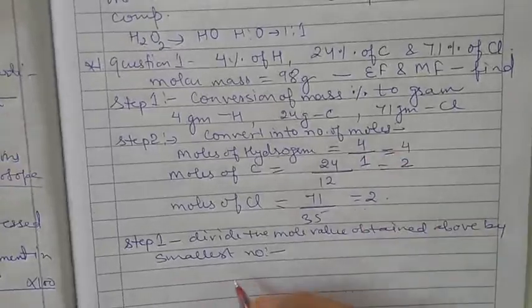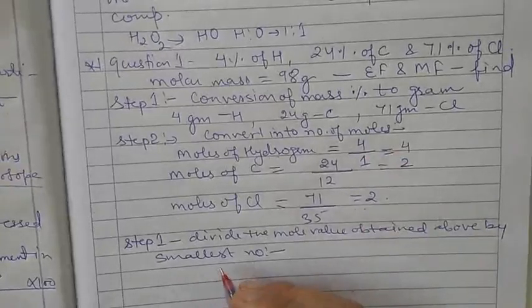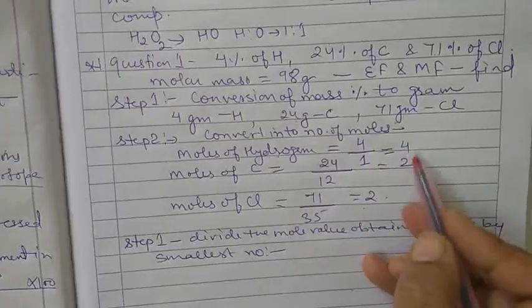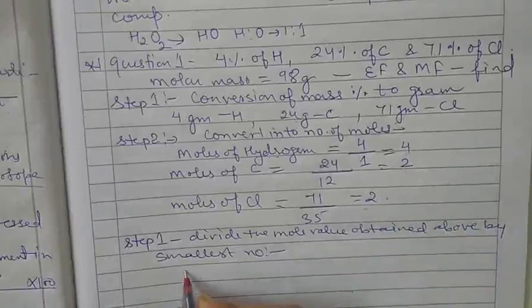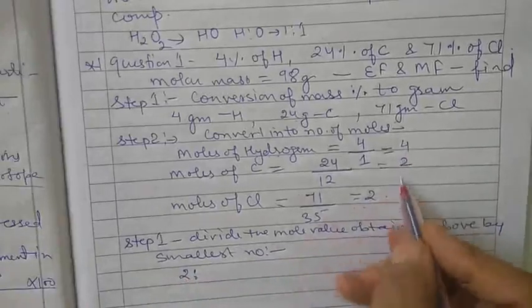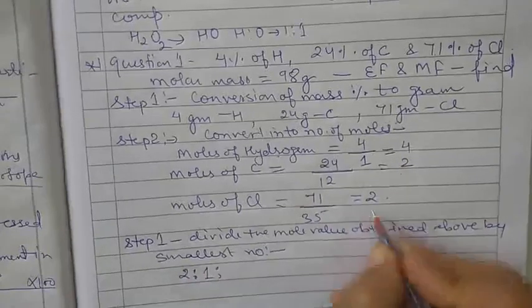Okay. So 2 is the smallest value. If you divide this one by 2, you get the ratio 2; 2 divided by 2 is equal to 1. Ratio 2 divided by 2 is equal to 1.